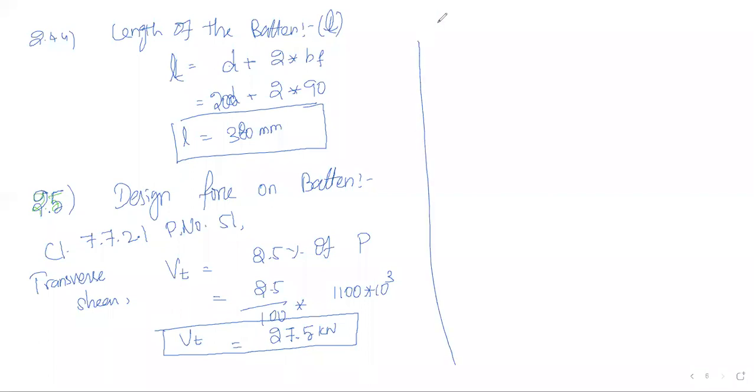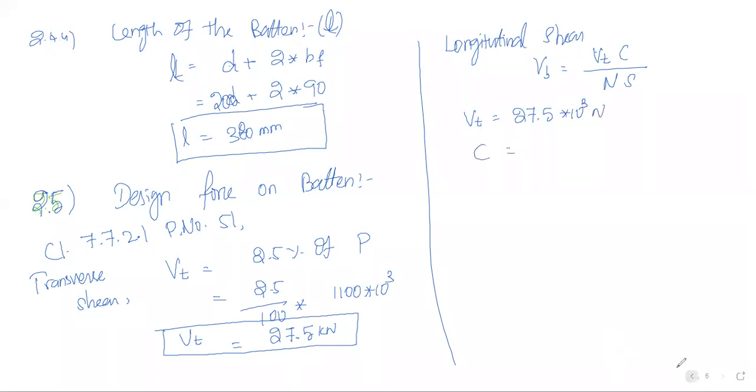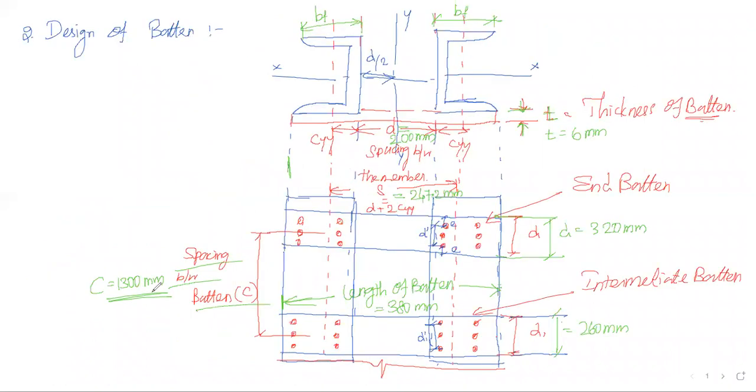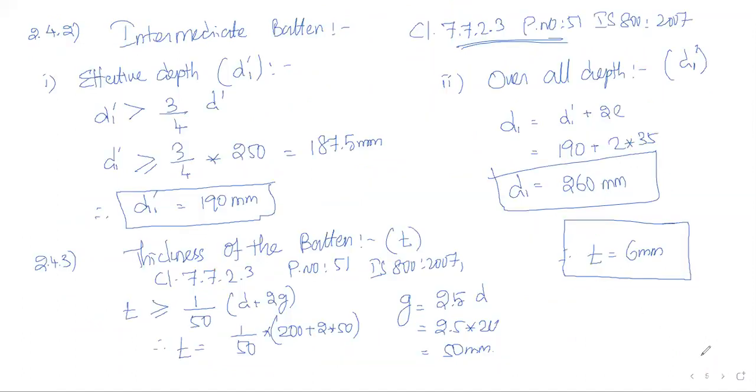Next we have to go for Vb, that is longitudinal shear. The formula they have mentioned is Vb equal to Vt into C divided by N into S. Vt we know, in Newton.